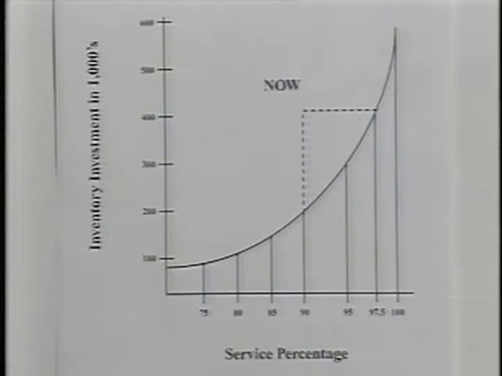And incidentally, those lines at 100% service and that service level curve do not touch because they go up to infinity. The concept is, mathematically speaking, you can never have 100% of service on a consistent basis.